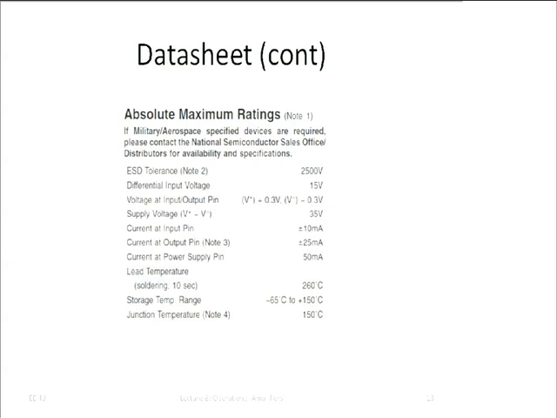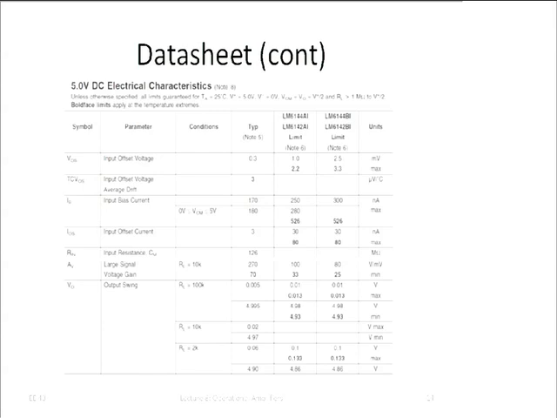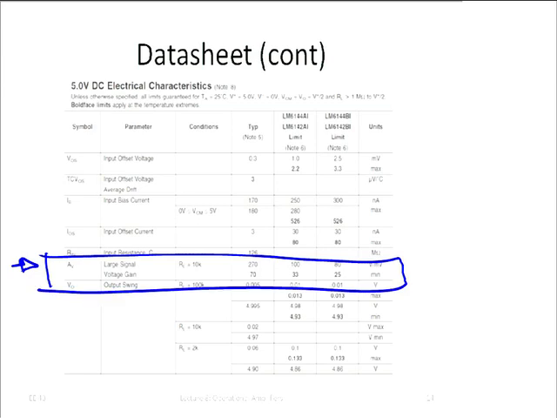Okay, so then there are other tables in these data sheets. One number here in particular is interesting, and that's the gain. They call it large signal voltage gain. All right, fair enough. They tell you they measured it when they hooked up some kind of a load resistor.